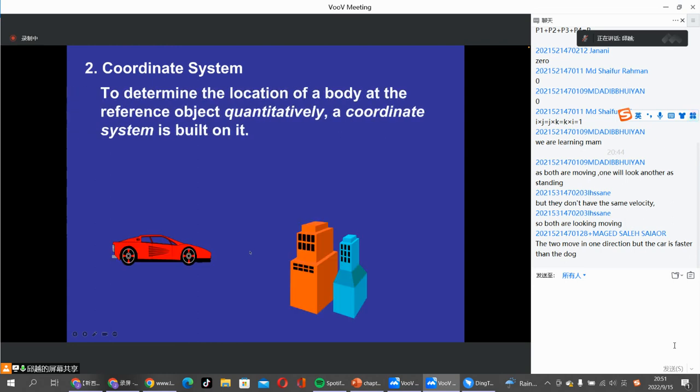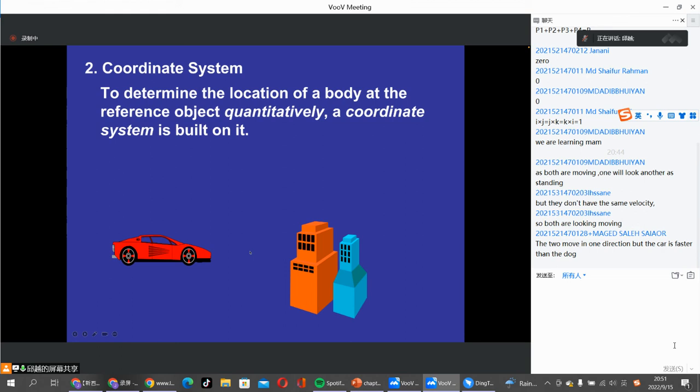So frame of reference is really important to us. And after choosing the frame of reference, we can introduce the coordinate system.